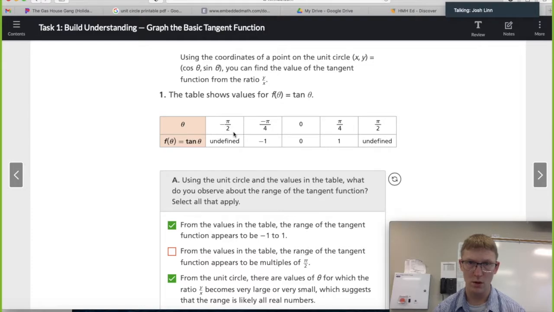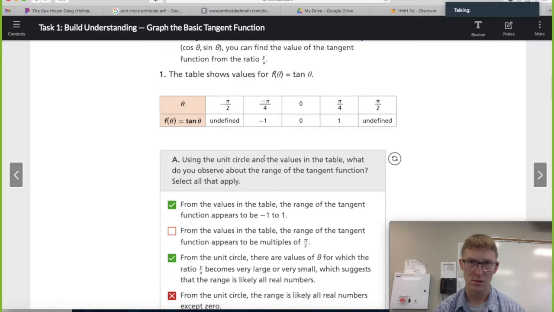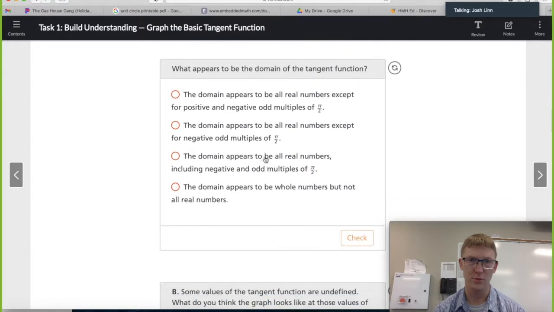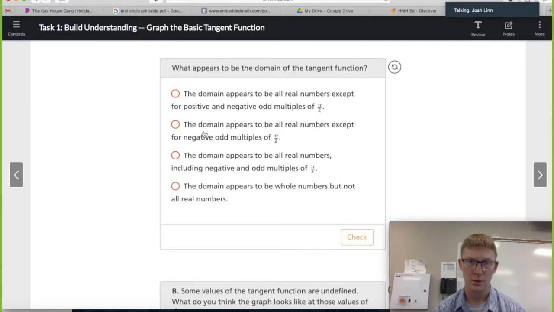Like 1 and then times 2, 3. I wouldn't say odd multiples, but we'll come back to that one.